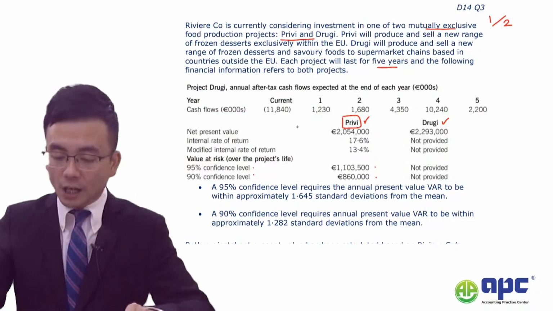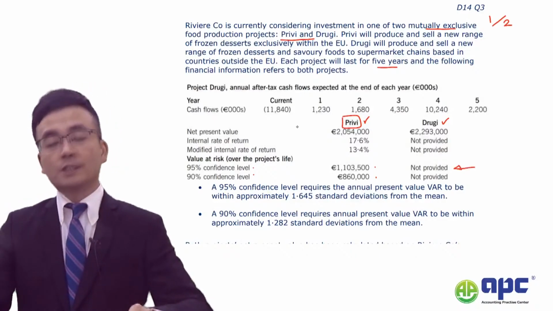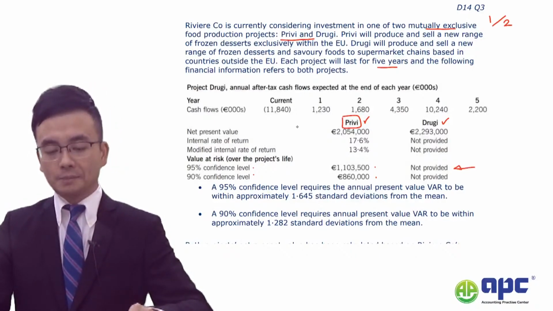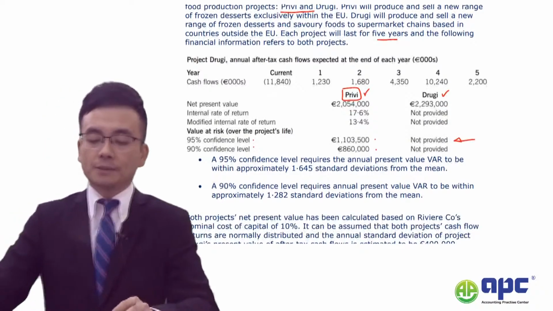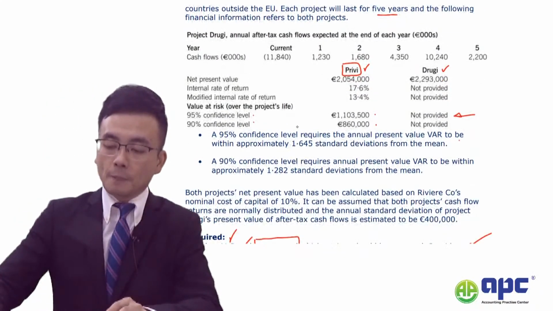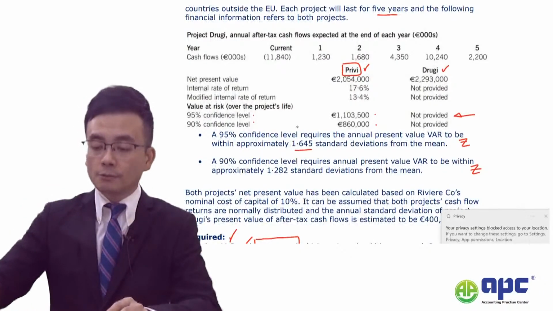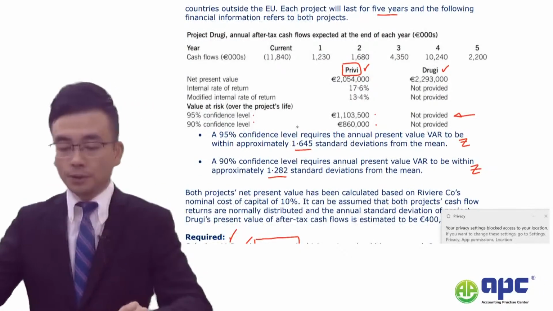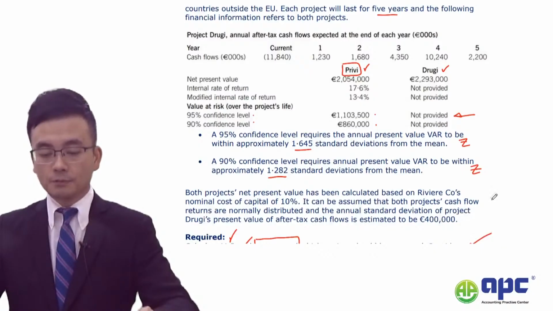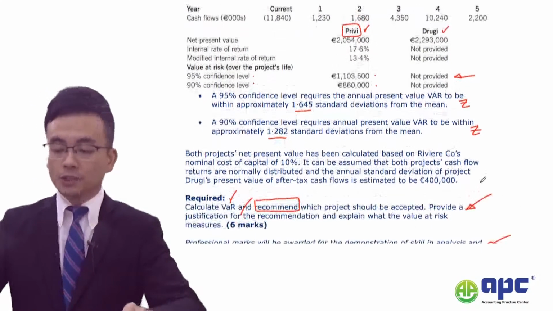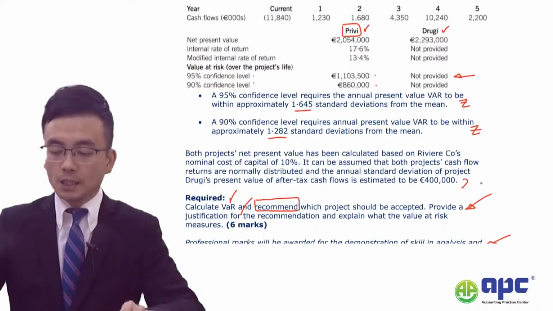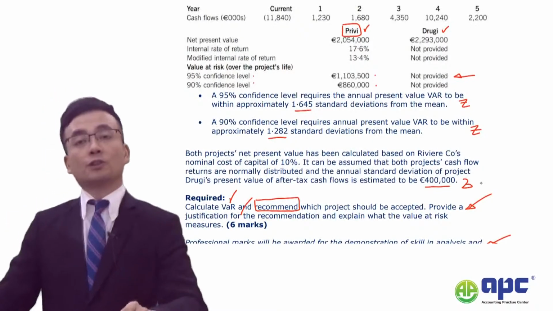But we will need to calculate the value at risk for project D. We are given the Z values of 1.645 and 1.282 respectively, and we are also told the standard deviation is $400,000 for project D.